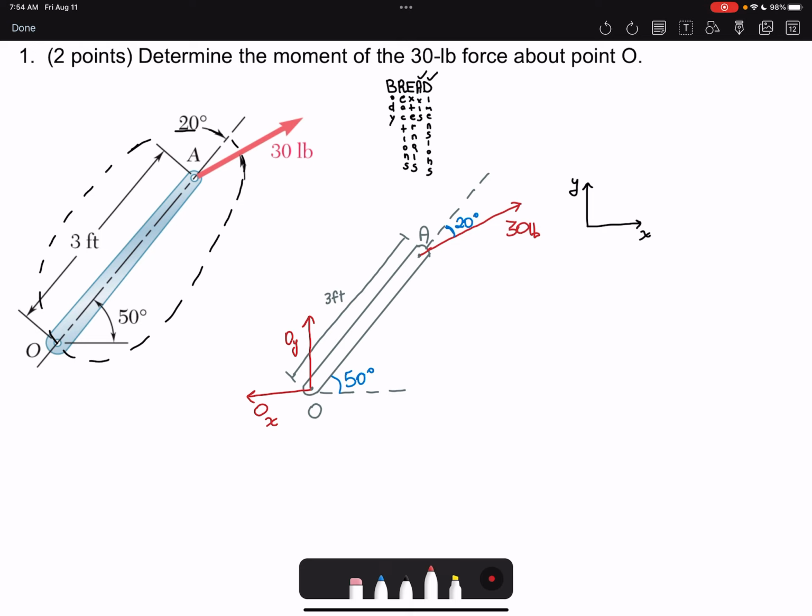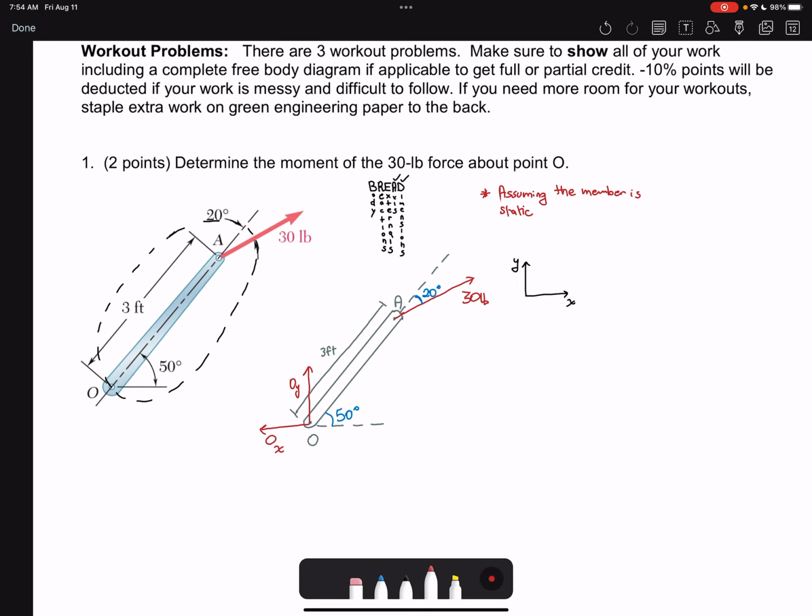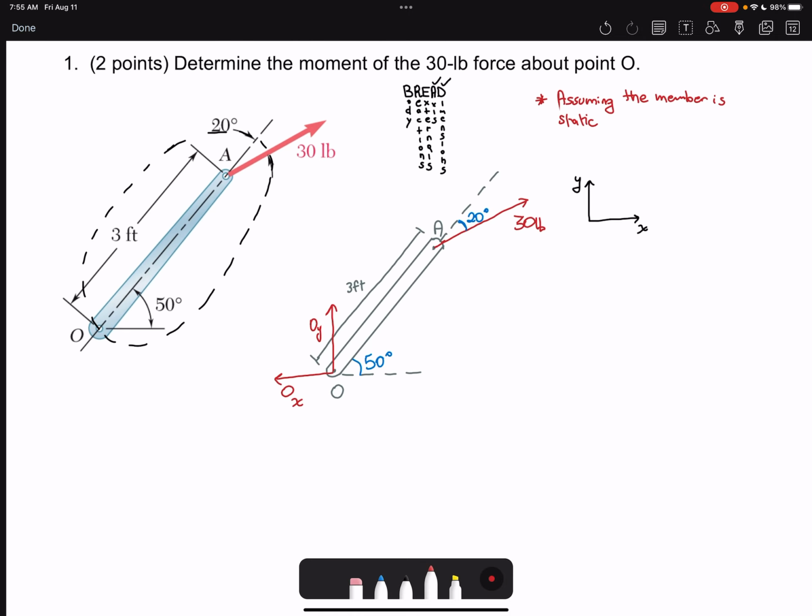And that's the only contact we have, and we're making some assumption. We're assuming the member is static. And why am I saying that? Well, because if the member is static, then there's got to be a force that counteracts the 30 pounds, both in moment and in translation.